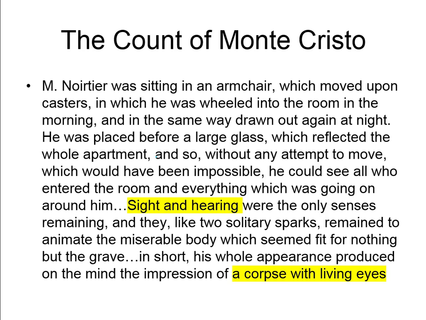He was placed before a large glass," that's a mirror, not a glass to drink, "which reflected the whole apartment, and so without any attempt to move, which would have been impossible, he could see all who entered the room and everything which was going on around him. Sight and hearing were the only senses that remained, and they, like two solitary sparks," this is a great translation, "remained to animate the miserable body which seemed fit for nothing but the grave. In short, his whole appearance produced on the mind the impression of a corpse with living eyes."